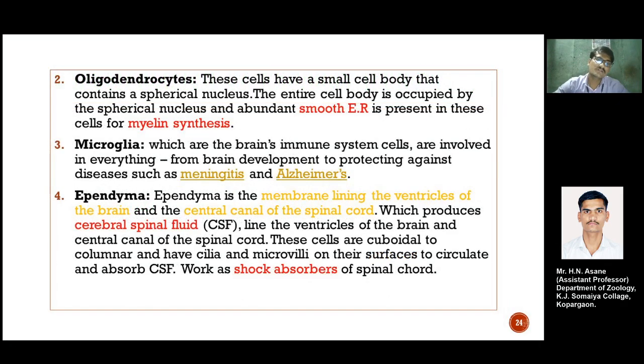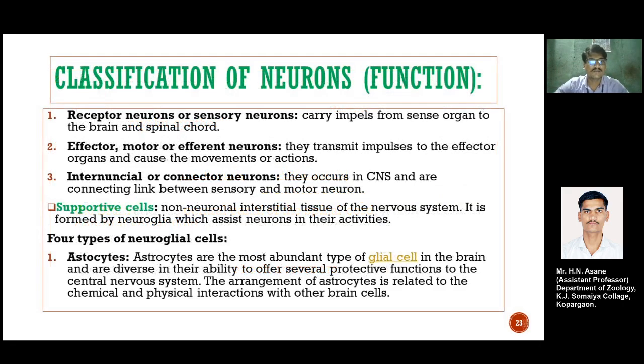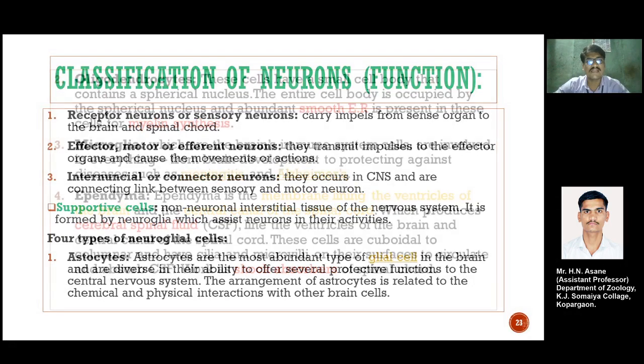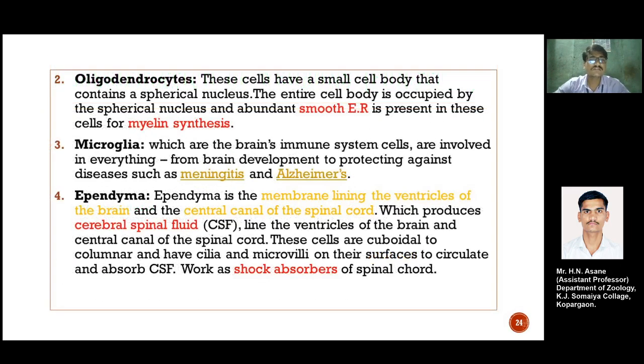The oligodendrocytes are the second type of glial cell. These cells have a smaller cell body that contains a spherical nucleus, and the entire cell body is occupied by the spherical nucleus.